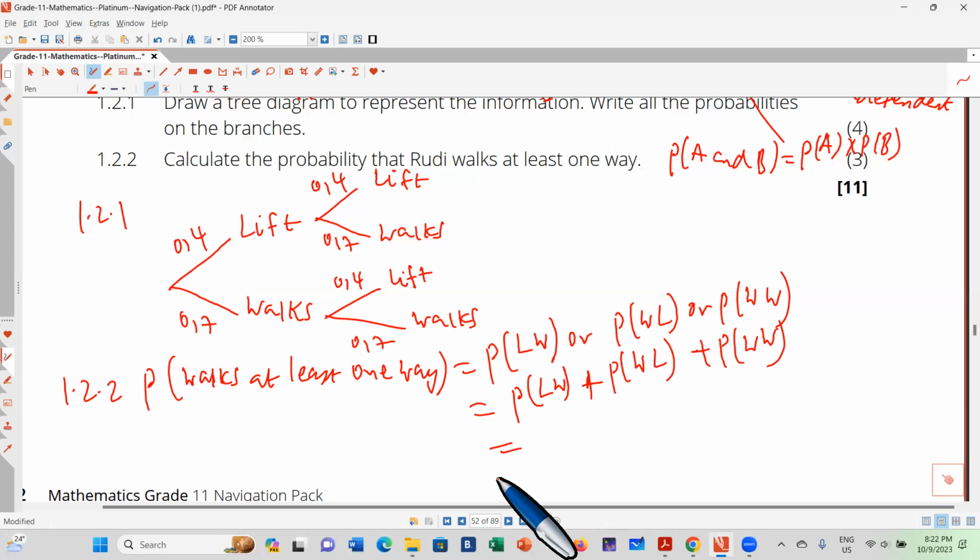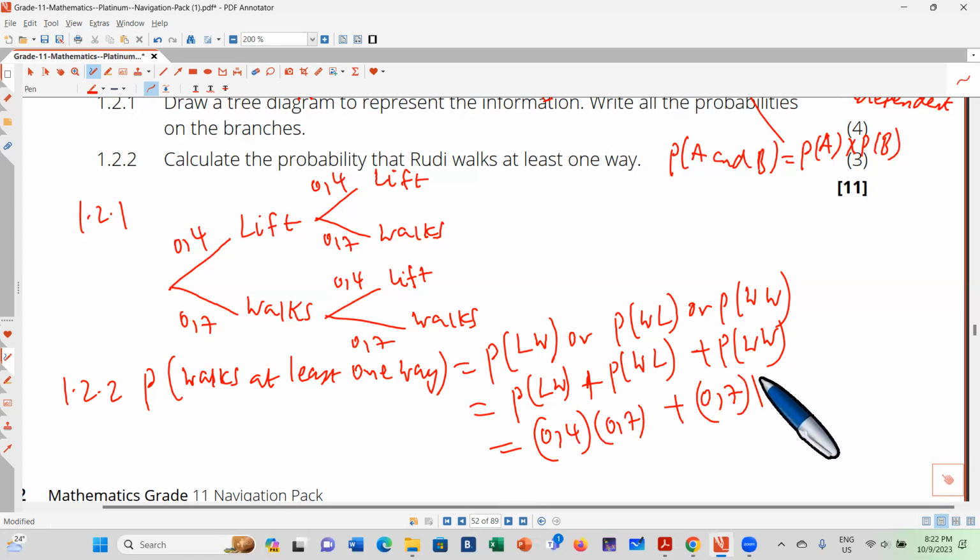It's 0.4 for the lift, and then 0.7 for the walk. If he walks and then gets a lift, walking is 0.7 and the lift is 0.4.